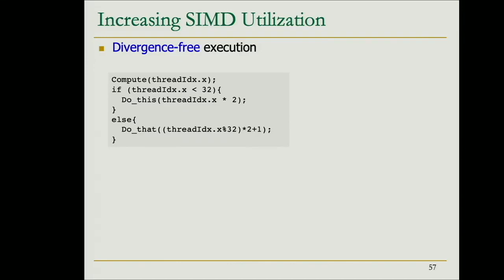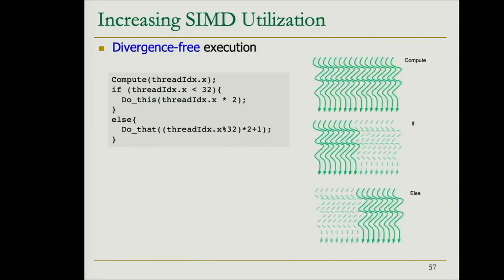The computation assigned to the 64 threads is divided so that what was done by the even threads is now done by the threads in the first warp, and what was done by the odd threads is now done by the threads in the next warp.